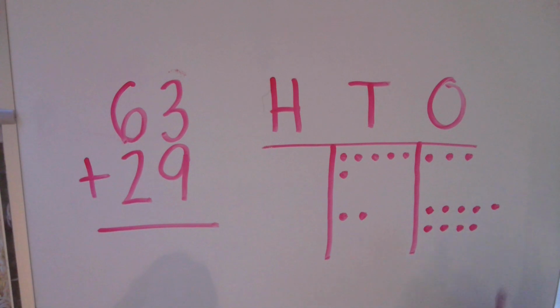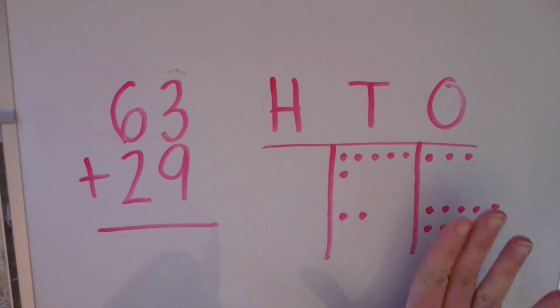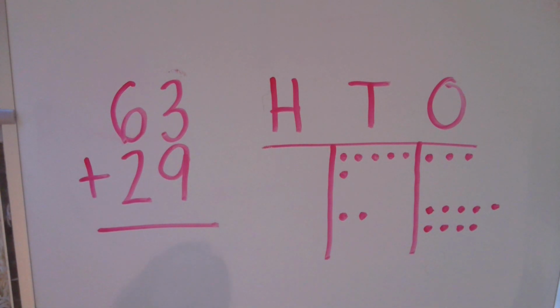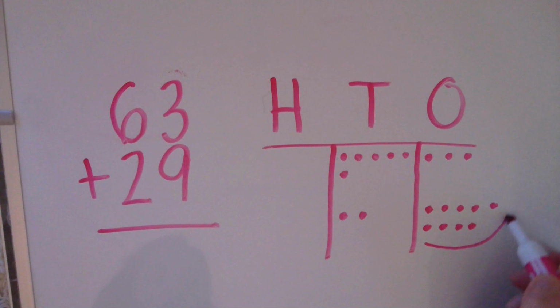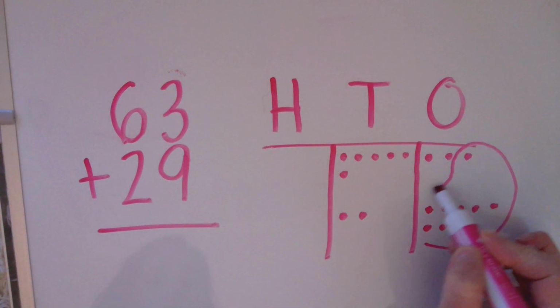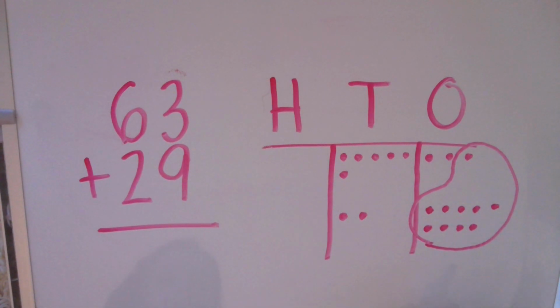Now, what you may not know is that you cannot have more than 10 ones in your ones place value. So we see that we have 9 right here, and we would need to bundle 10 of those. So we would take this 9 plus one more, bundle those together.